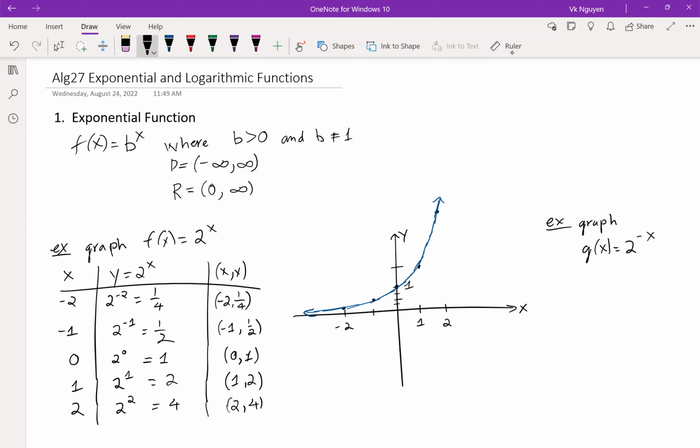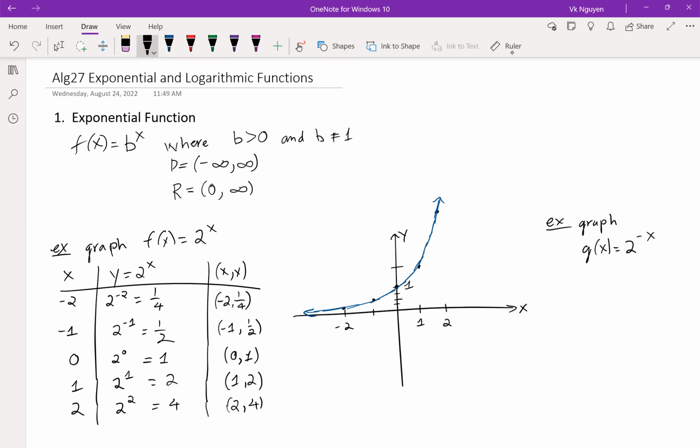What is going on here is that the output will be the reverse of the output of f(x) equals 2 to the x.